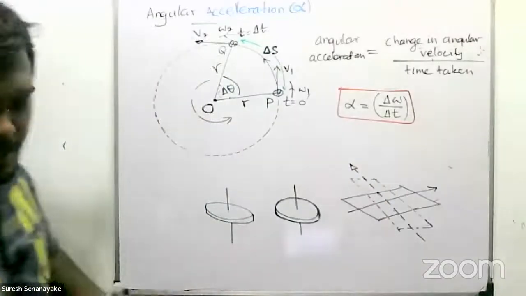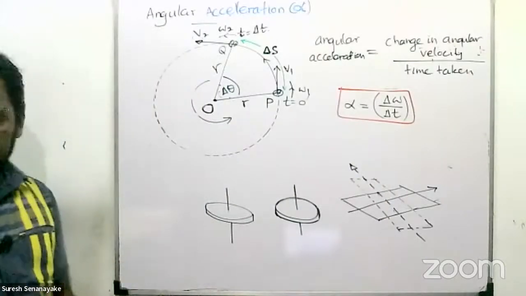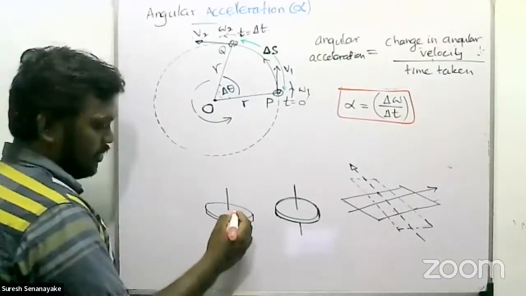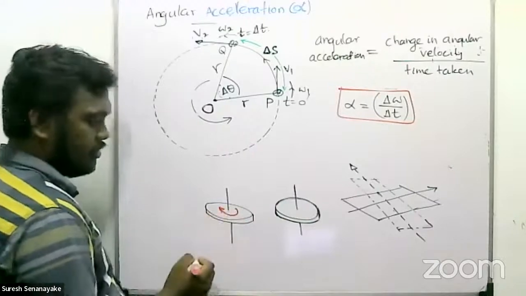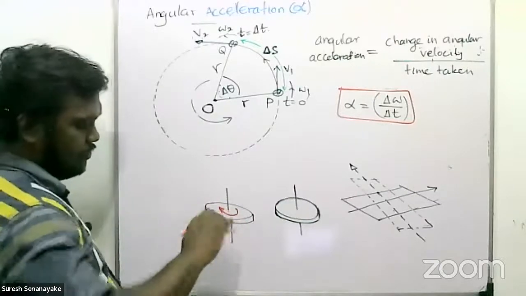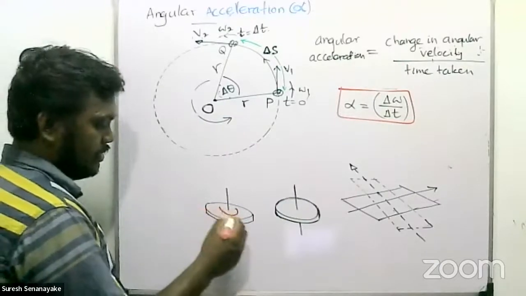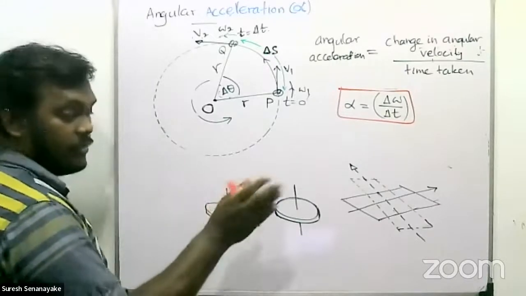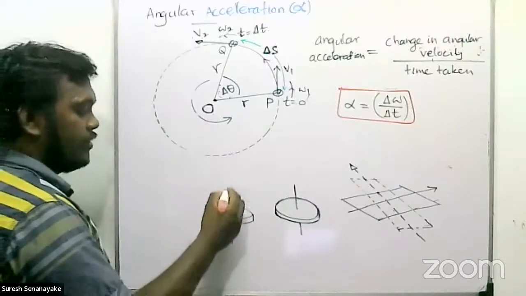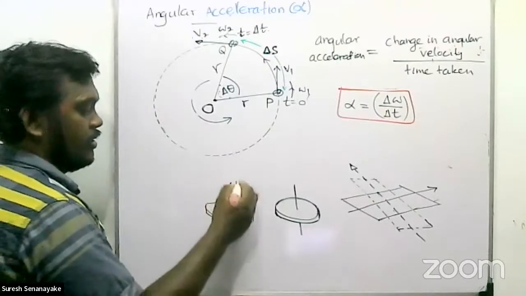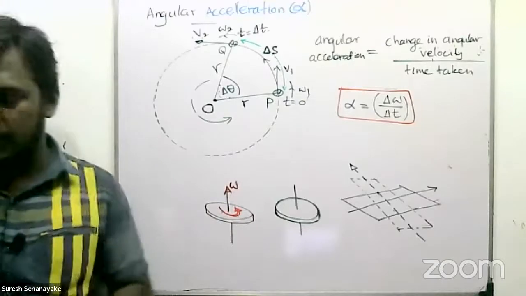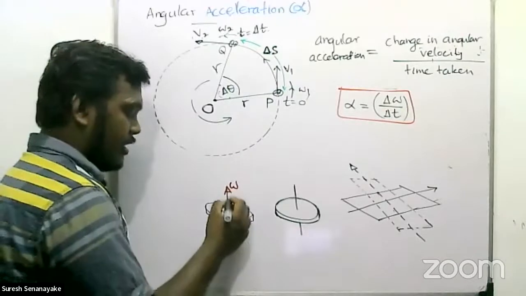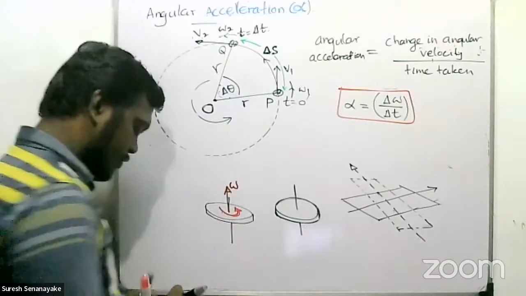Right. First, I'll explain this. Okay. So in here, it's rotating to this side. So it's rotating this side, by the right hand rule the angular velocity is in this direction. That's omega. Let's see omega increasing. This omega increases. The angular acceleration will be in this direction also.